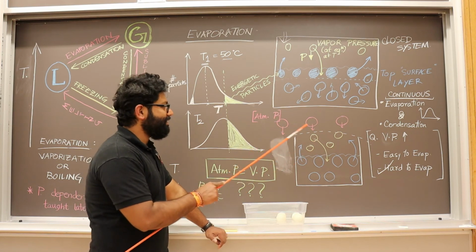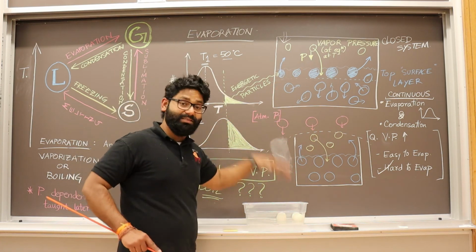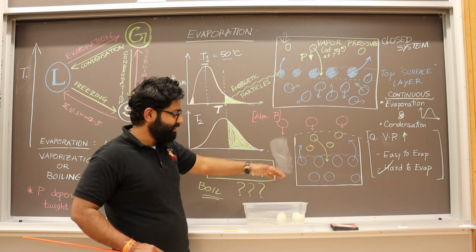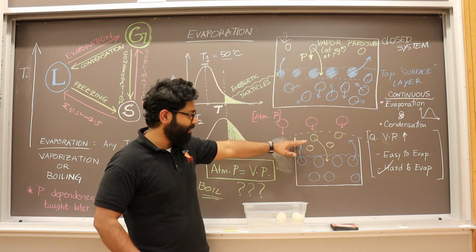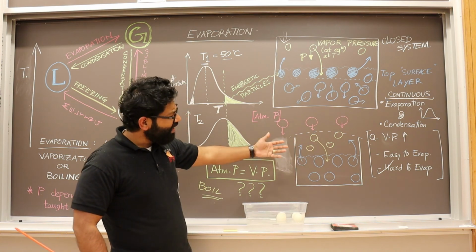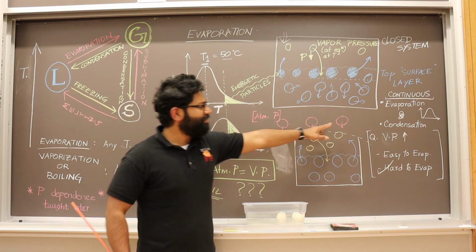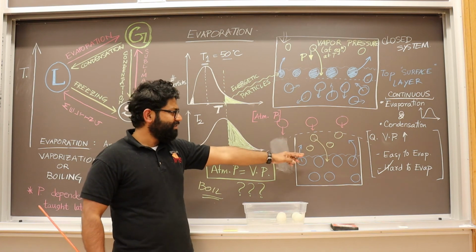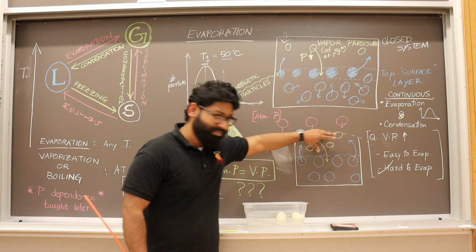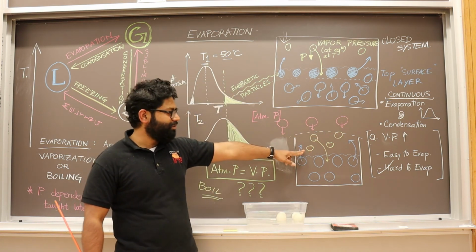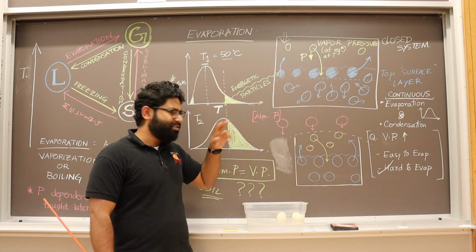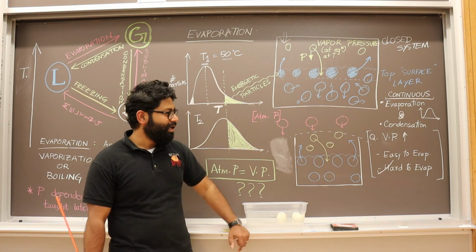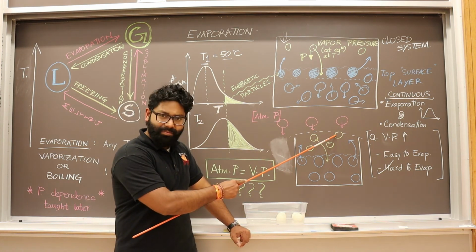And there is an atmospheric pressure acting on this, and it kind of forms an umbrella, a canopy on that. Because this pressure is so high, the particles that are here are not able to move out of this invisible canopy.